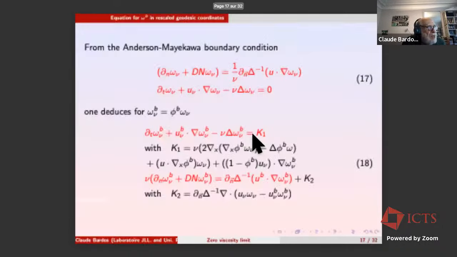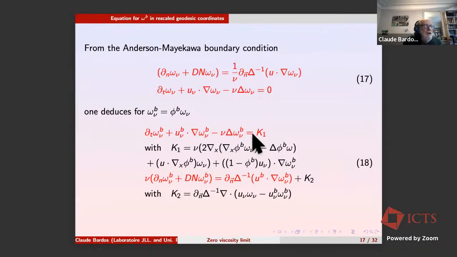Okay. So first, I have in view the Anderson-Maekawa boundary condition, which I call 17. For this one, I have to study omega nu multiplied by a function which is equal to 1 near the boundary. So it will be an equation of that type with a remainder term.